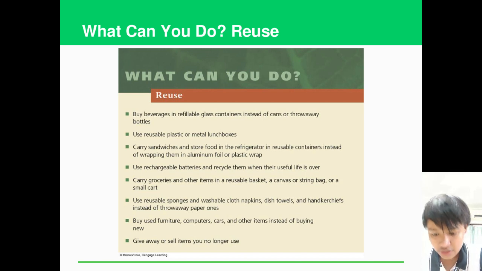Sixth is use reusable sponges and washable cloth napkins, dish towels, and handkerchiefs instead of throwaway paper ones. Seventh is buy used furniture, computers, cars, and other items instead of buying new. And the last is give away or sell items you no longer use.